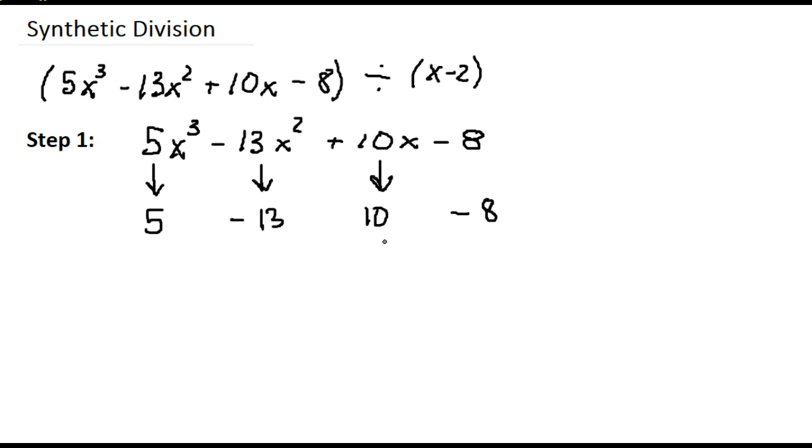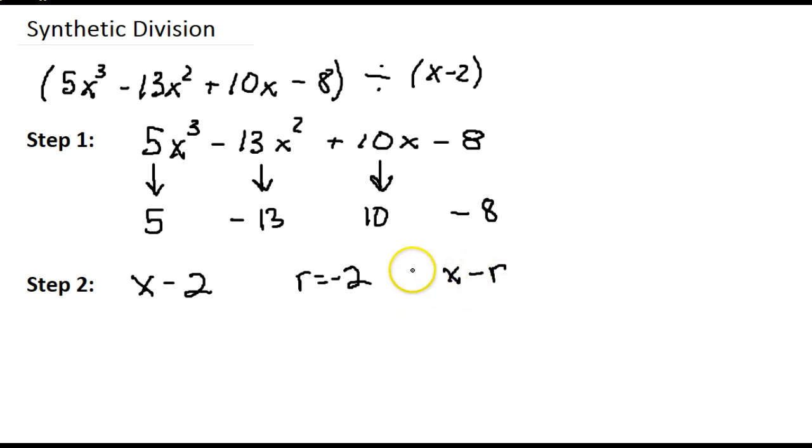Okay, so what do we do with this? That's when we come to step 2. So step 2, we need to write the constant r of the divisor. So let's first look at what our divisor is. That's what we're dividing it by. So we have x minus 2. Where the constant, in this case, our r, equals negative 2. But we want to write this in the form of x minus r.